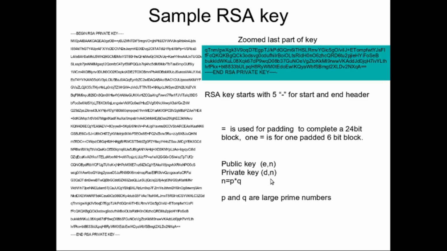And what is N? N is a very big number on which we do the mod of our whole message. This big number N is derived from two large prime numbers, P and Q, which are multiplied to get N. But the beauty of cryptographic security is that if you know N, you cannot get P and Q so easily.